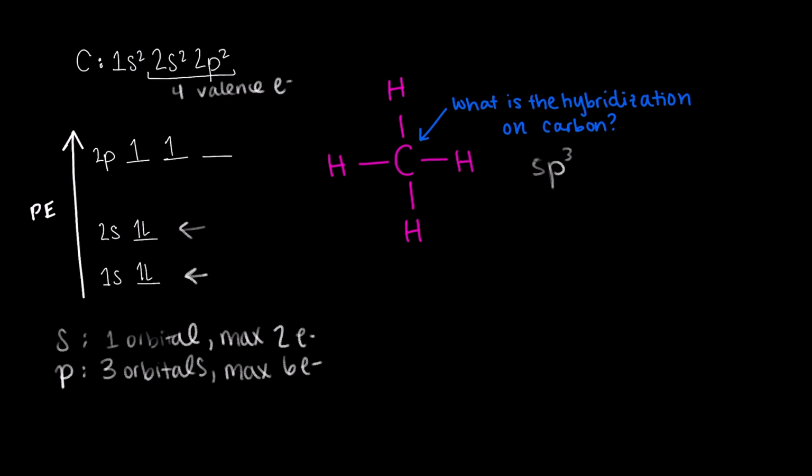So we see that the 1s is full, the 2s is full, and then when we get to the 2p, we want to distribute the electrons one at a time always. And so in our 2p, we have 1 electron in 2 of the orbitals, and then that third one is empty. This is the ground state electron configuration of carbon.